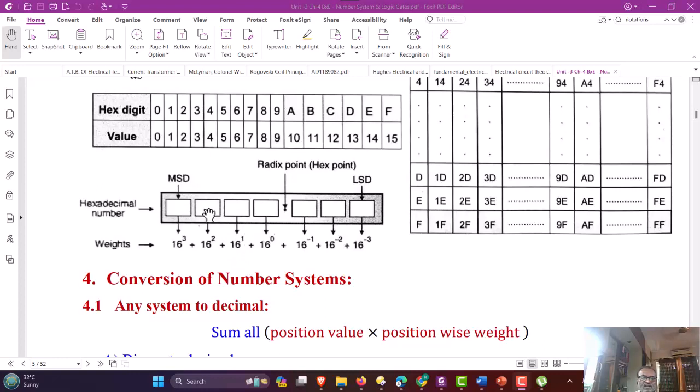The second position has the position value 16 raised to 2 and so on. To the right side of the radix point, that is the fractional portion, the weight of the first position is 16 raised to minus 1. The second position is 16 raised to minus 2. The third position is 16 raised to minus 3 and so on.